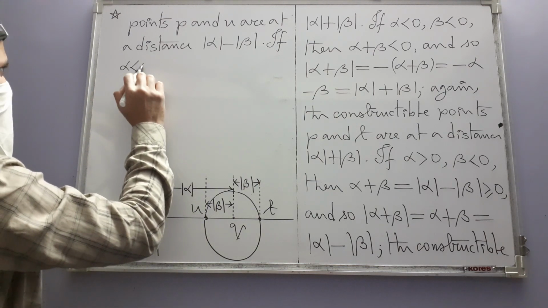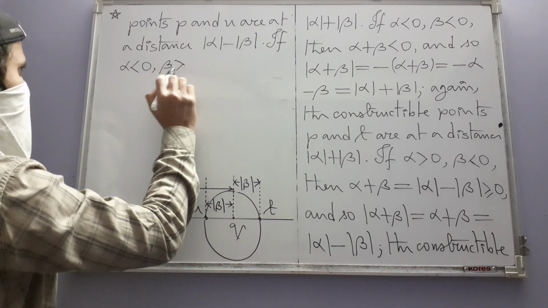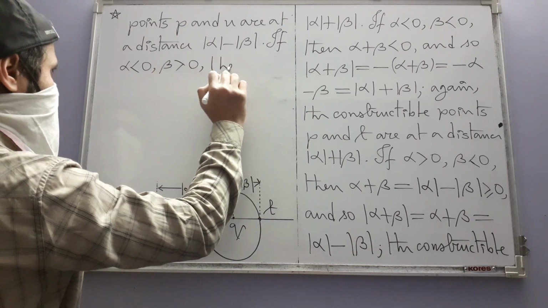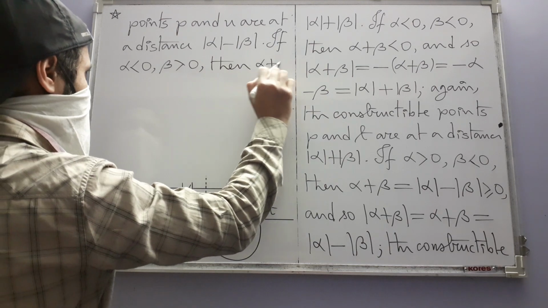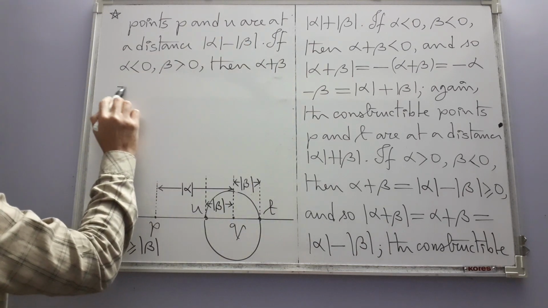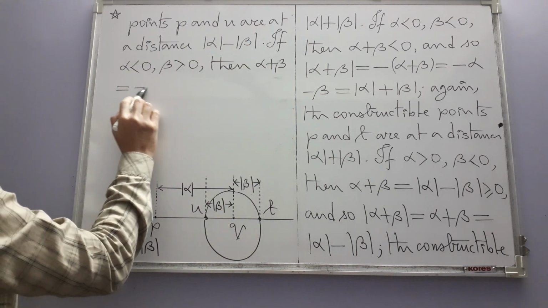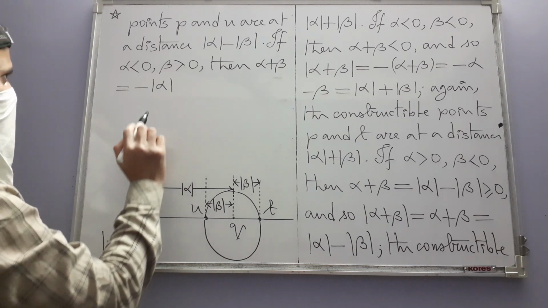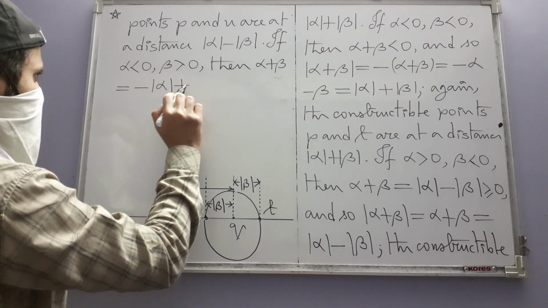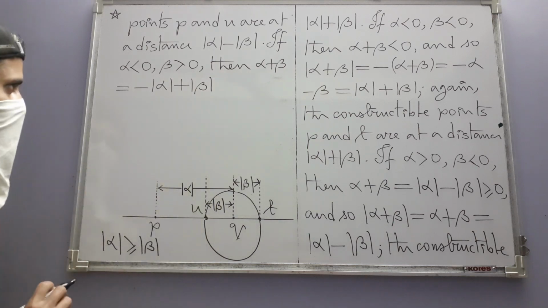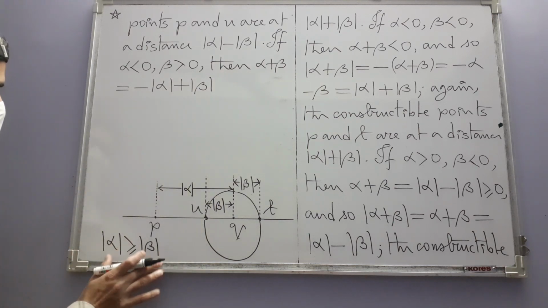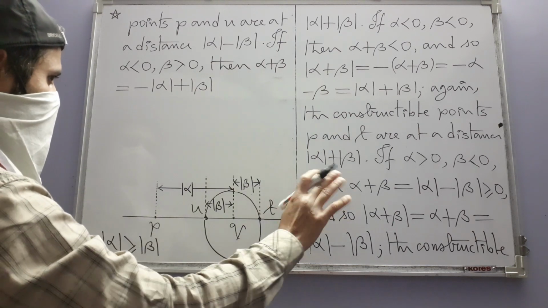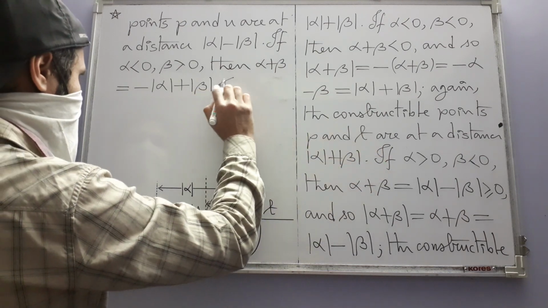If alpha is negative and beta is positive, then alpha plus beta, this time it's going to be the exact opposite. And due to this inequality, this one is no longer non-negative but it is non-positive.